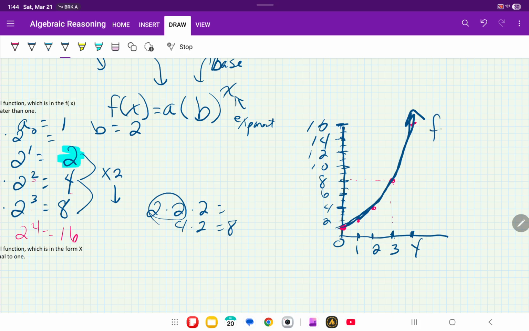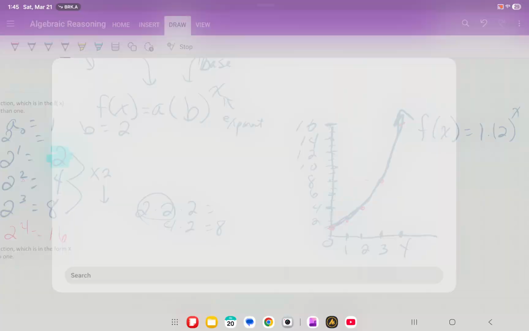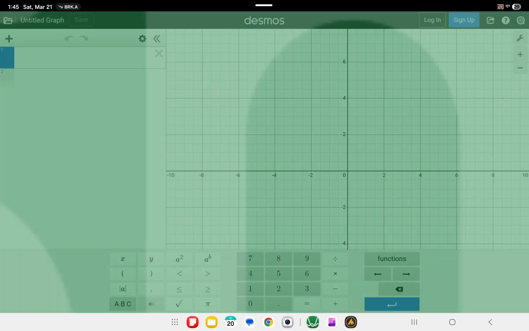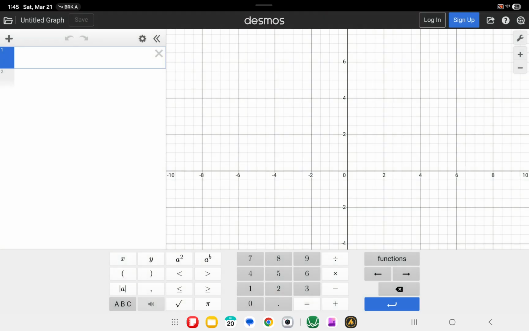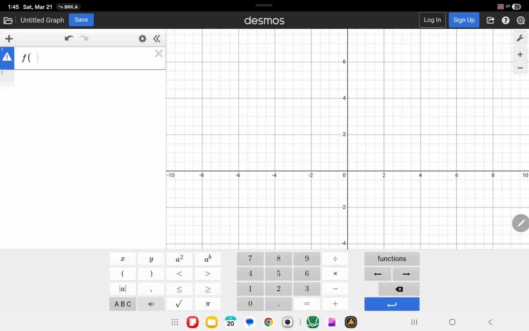So this is our function f of x equals 1 times 2 raised to the x power. And again, we love our Desmos graphing calculator. We're just going to come over here real quick and see what that looks like overall. So you can type in using your function f, and then I want parentheses x, and I want close parentheses.